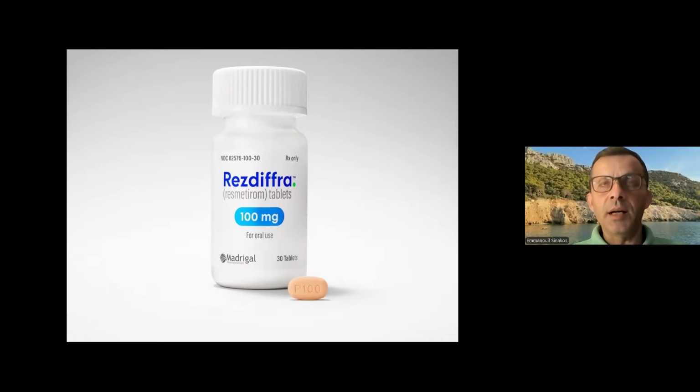It's an agonist of the thyroid beta receptors in the liver. So the rationale is that we have something like a hepatic hypothyroidism. So this drug causes an agonism of these receptors. It's, as you can see, for oral use, and the company that owns this drug is Madrigal Pharmaceuticals.